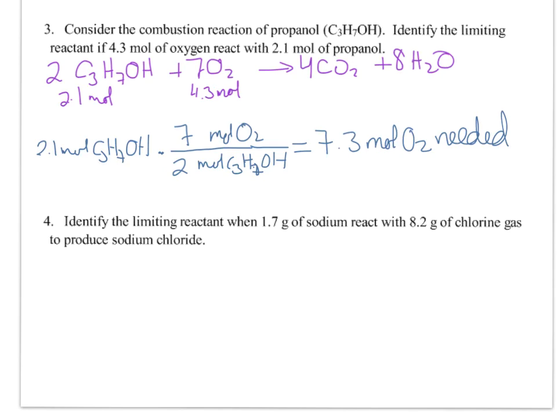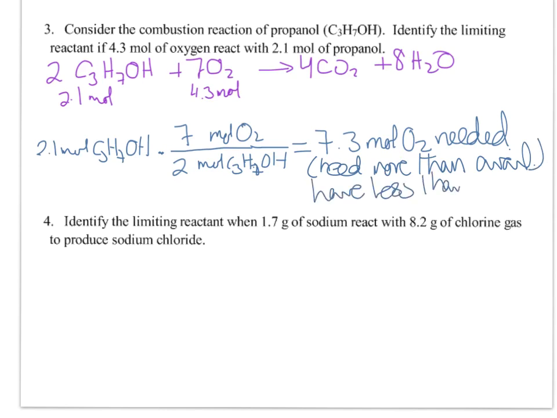So do I have enough oxygen to react with my propanol? Do I have 7.3? Nope, I only have 4.3. So I don't have enough oxygen. That means oxygen is limiting me. So therefore, this is need more than available, or have less than needed, whichever way you want to look at it.